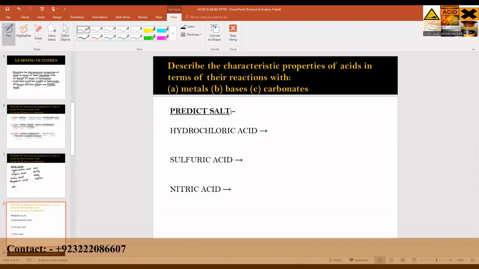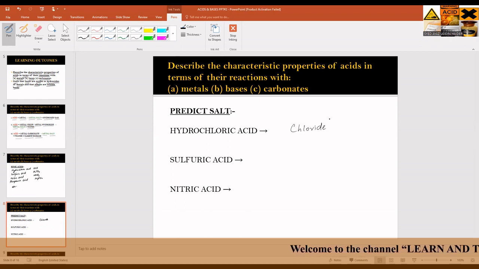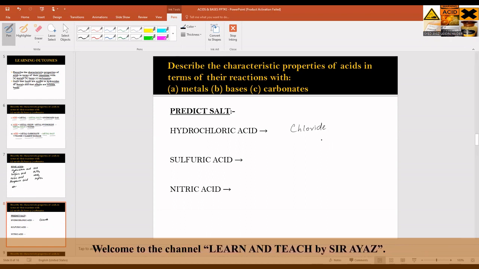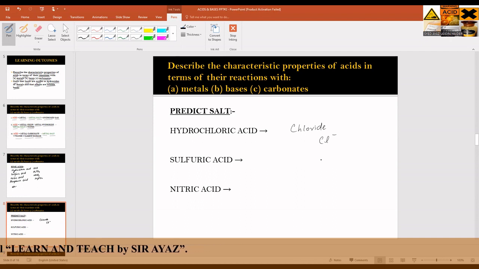Now, recall, whenever the acid is hydrochloric acid, the name of the salt will be chloride. So, the salt must have the Cl negative ion in the formula.